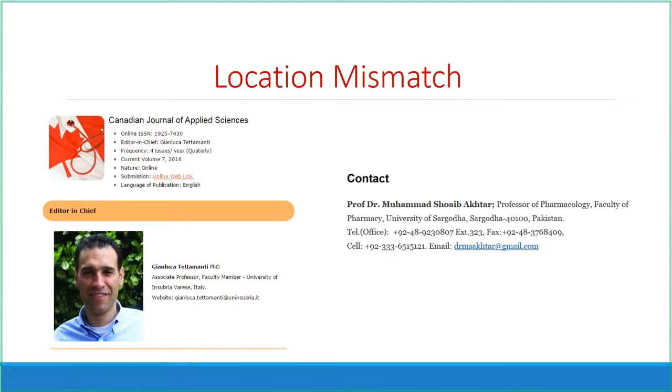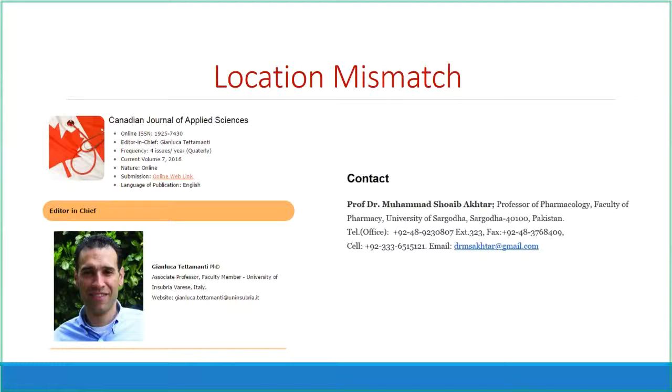And basically just look out for this. It's a good indication that either this isn't actually a Canadian journal, or that these researchers are not actually on the board or editors of this journal.